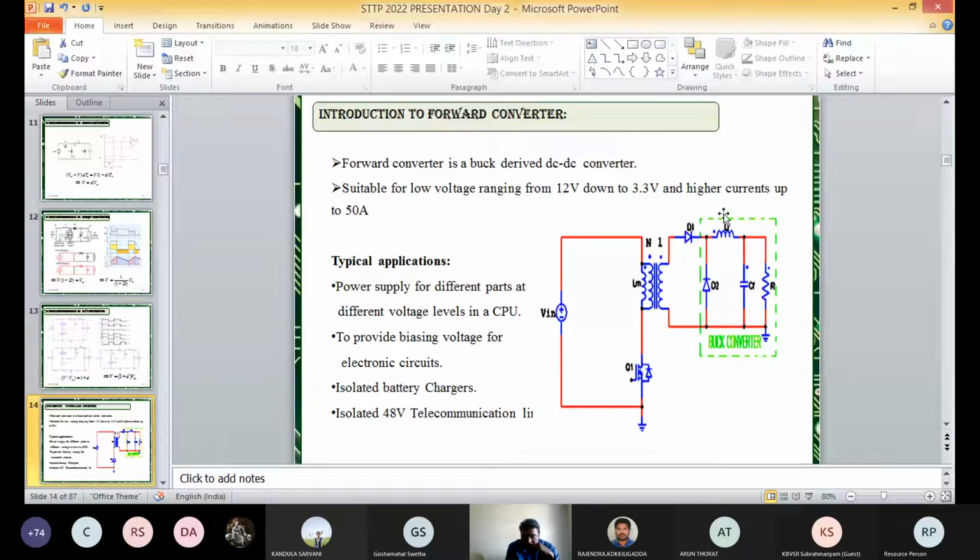The dotted lines represent the simple buck converter, and here we take the simple forward converter.